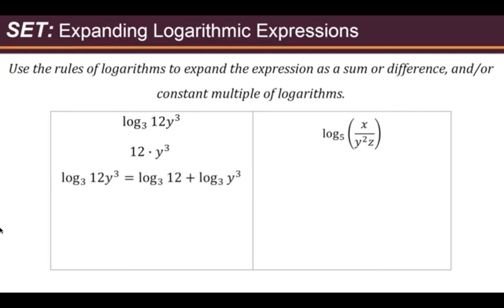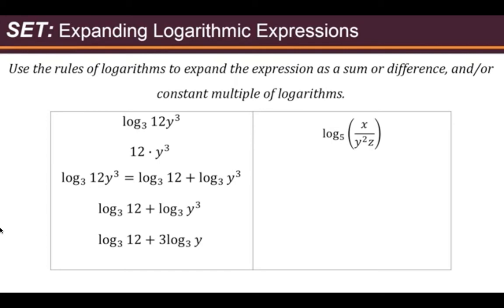Thus, log base 3 of 12y cubed equals log base 3 of 12 plus log base 3 of y cubed. Notice that we can also use the log of a power rule on the second logarithm in this expression. So log base 3 of 12 plus log base 3 of y cubed equals log base 3 of 12 plus 3 times log base 3 of y.